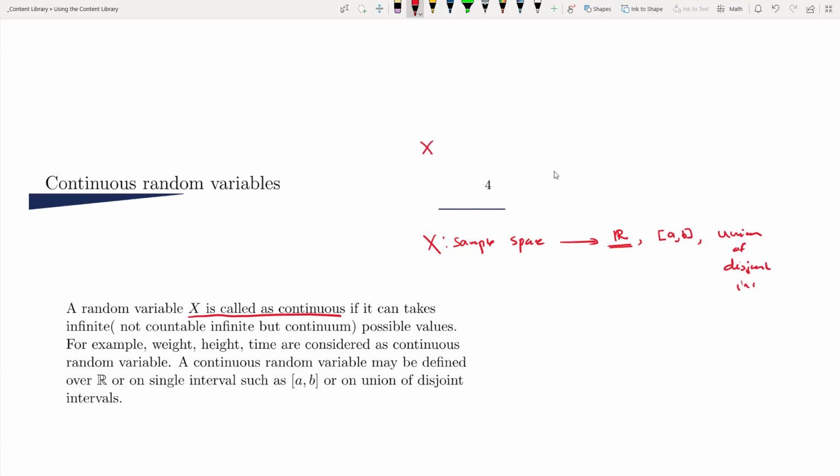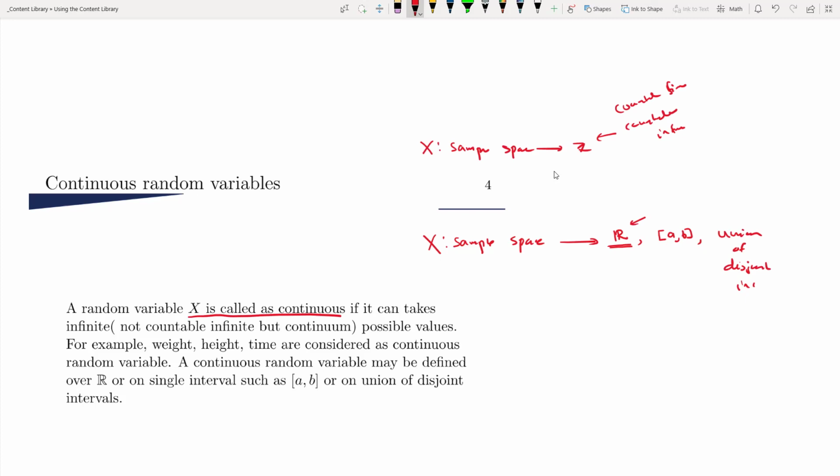If you remember, a discrete random variable, the way we define it, is a function from the sample space to integers. So this one is actually countably infinite, or you can have countably finite.